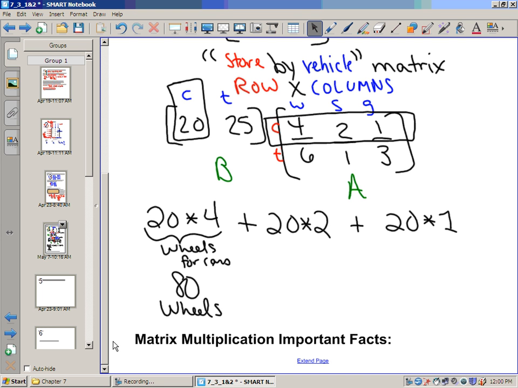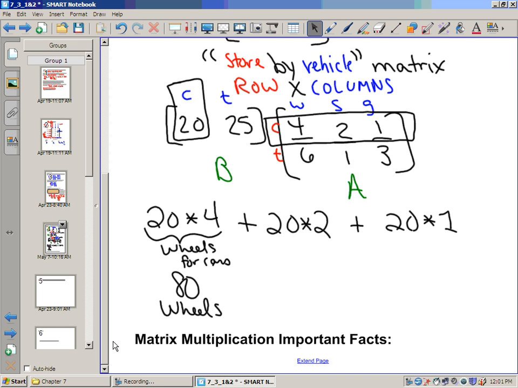It won't matter if you do a 2 by 1 or a 1 by 2. Here they specified how to write it. As long as you have all of the cars in the same way, like I could have just as easily wrote it like this, right? So as long as you're consistent, you're fine. It's not going to make a difference. It's weird. It's a new way of looking at things, that's for sure.